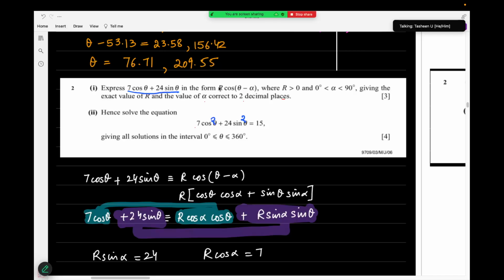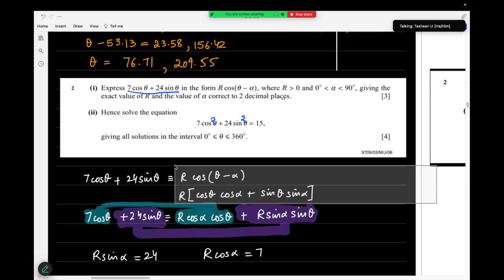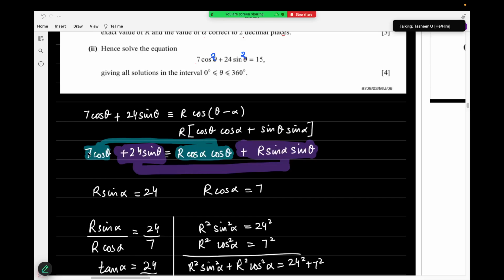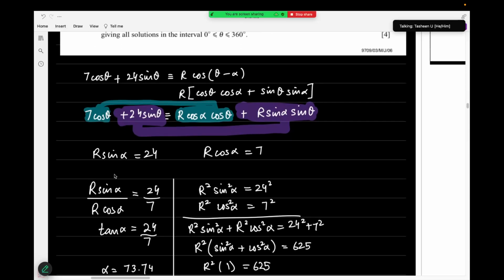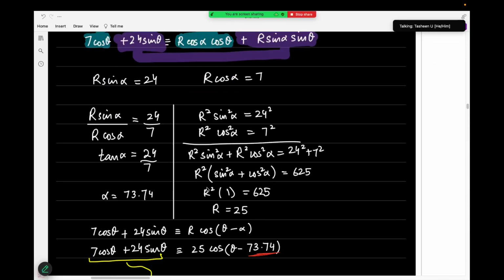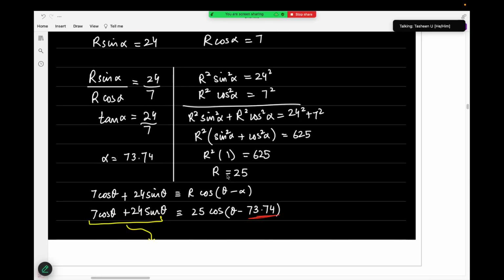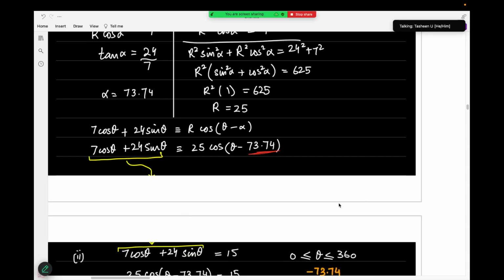So you have to use the compound angle formula for cos here, and then equate the cos theta with the cos theta, sin theta with the sin theta. You get two equations, you divide them to make a tan, you square them and add them to find r equals 25 and alpha equals 73.74. So you have to write your final answer like this.